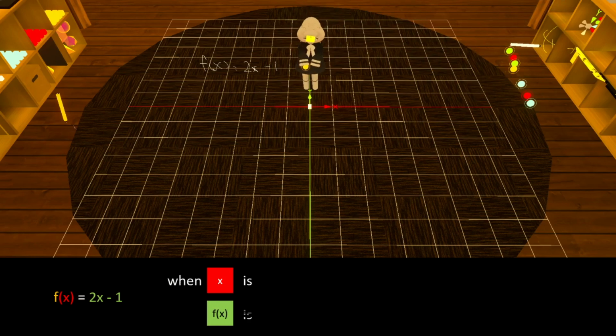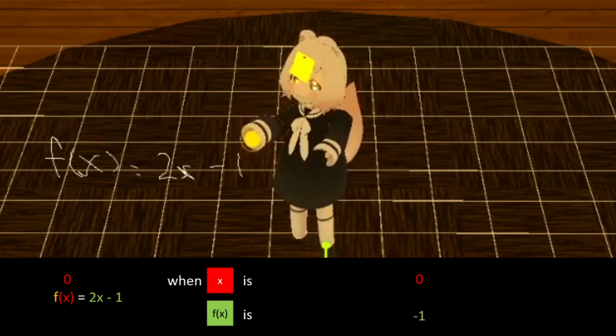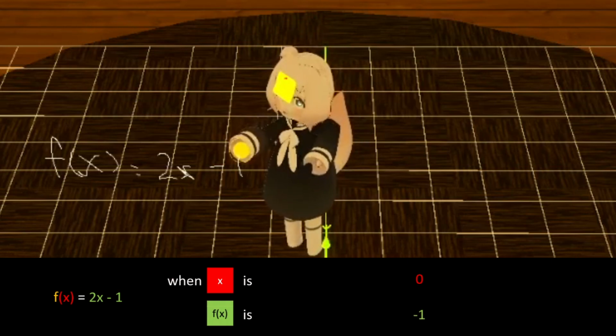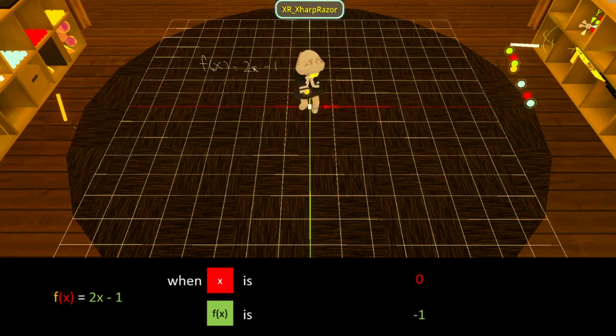Let's start off with the point where our x coordinate is 0, and we will let our y-axis be the output. So when x is 0, plug that into the function: 0 multiplied by 2, plus 1, is 1. There we go. So when x is 0, our y is 1.